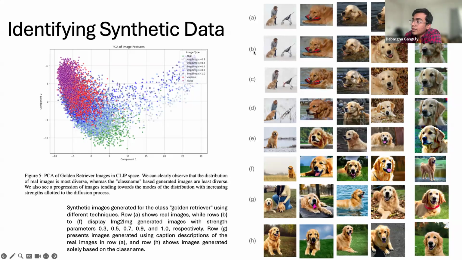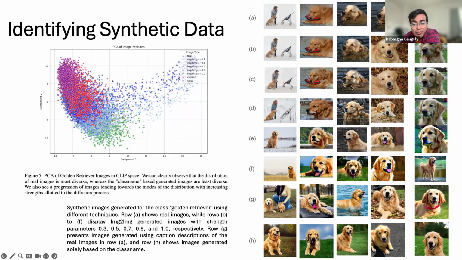So these are with 0.3 strength, with 0.5 strength, with 0.7, 0.9, 1.2. As you increase the strength of the diffusion process, the pictures of these golden retrievers start diverging more and more from the original data that you started off with.